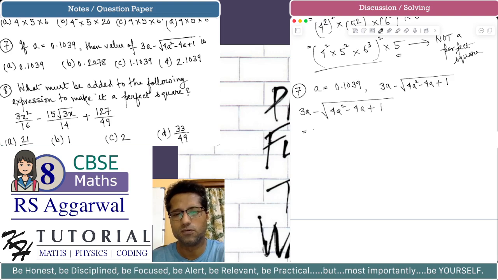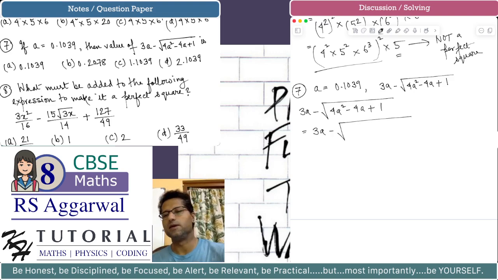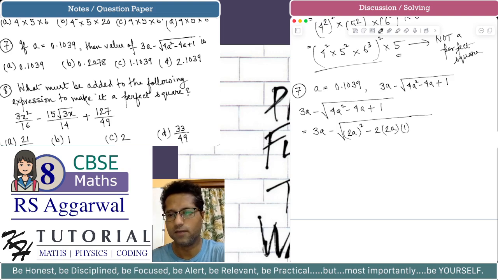This is equal to 3a minus, we can clearly see that inside the square root, the algebraic expression will be of the form of a whole square. So 4a square is the square of 2a. Now minus 4a, we can write it as 2 into 2a into 1, and we have plus 1, which means 1 square.